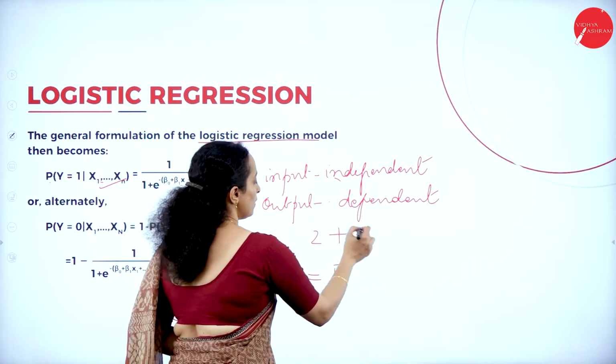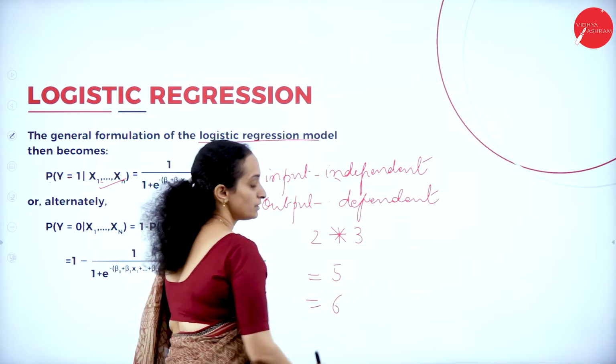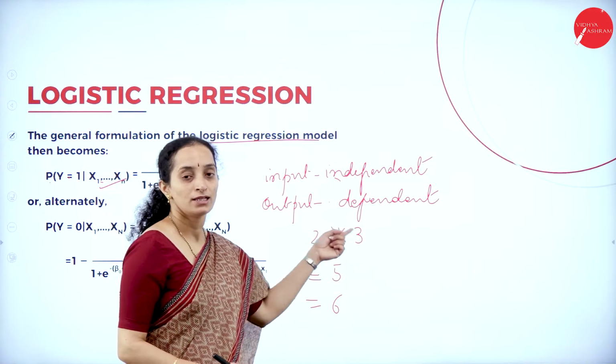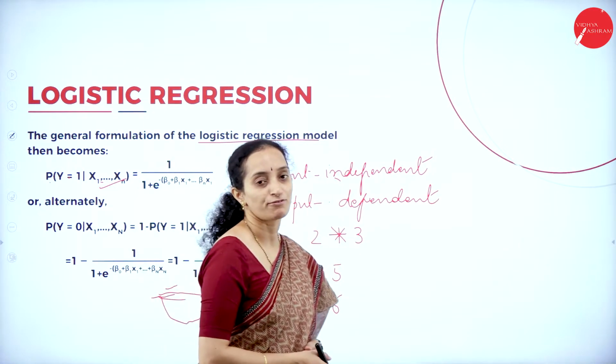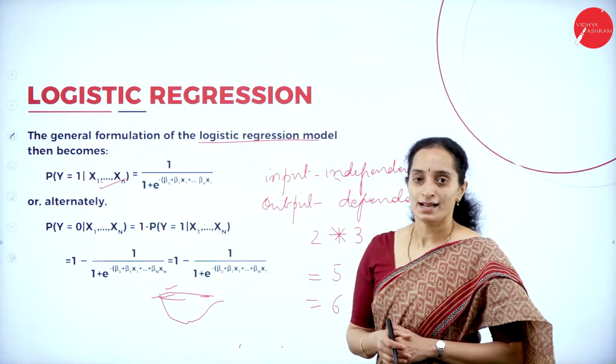If you use the multiplication operator, then the result will become 6. That means the output variable always depends on the input variables, isn't it? So it is called the dependent type of variable, and the input variables are generally considered the independent type of variables.